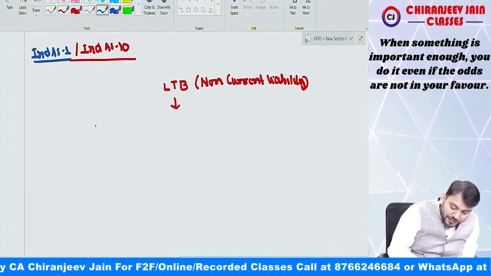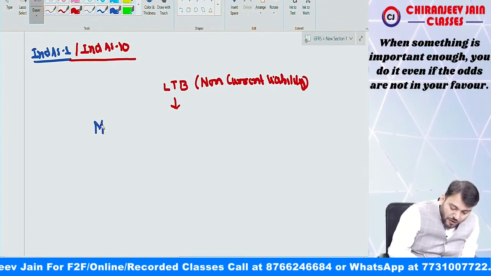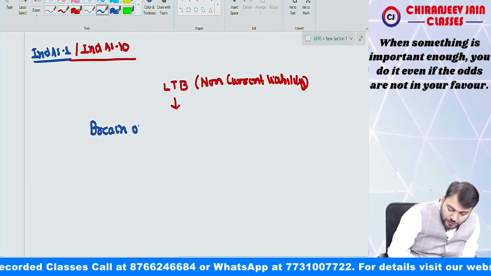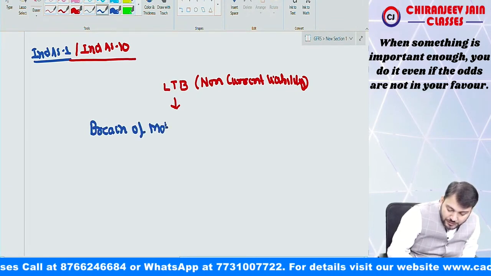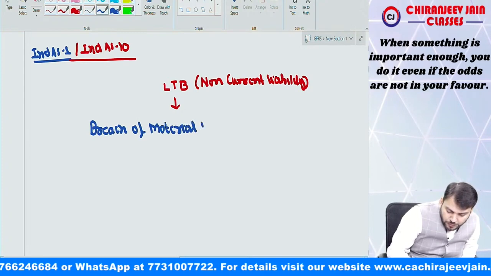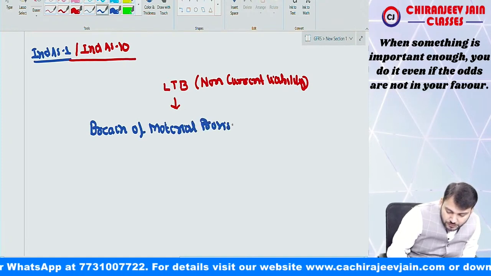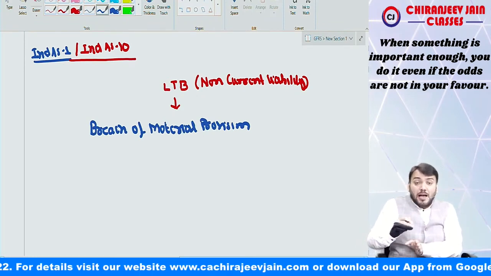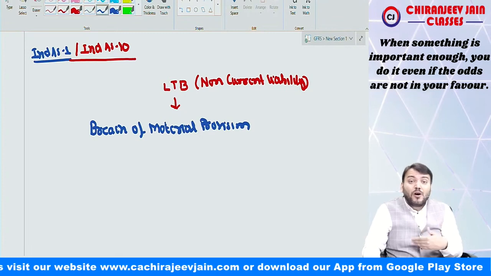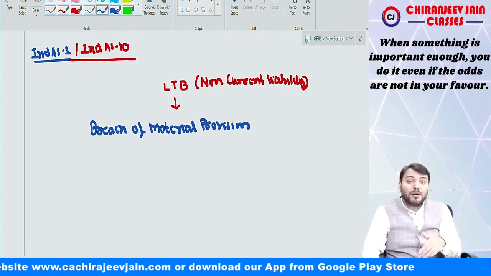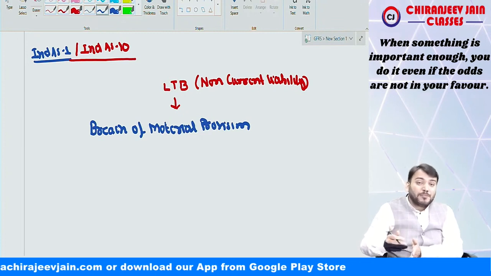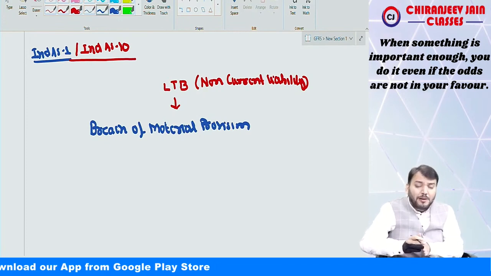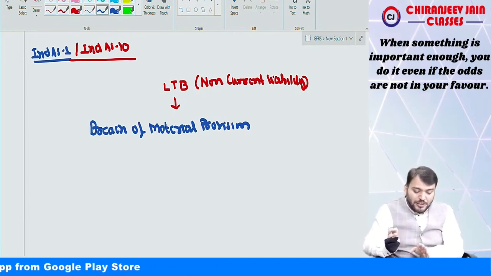Now, if there is any breach of material provision of the terms and conditions. What does material provision mean? For example, non-payment of interest on the due date, non-payment of the principal amount on the due date, or submission of a profitability report if required on a quarterly basis. So this becomes a breach of material provision. I hope you understood.